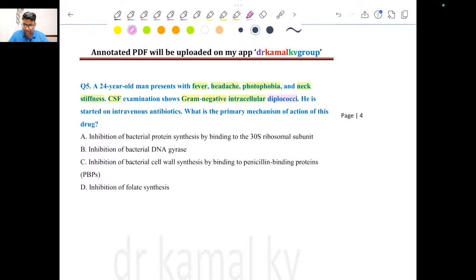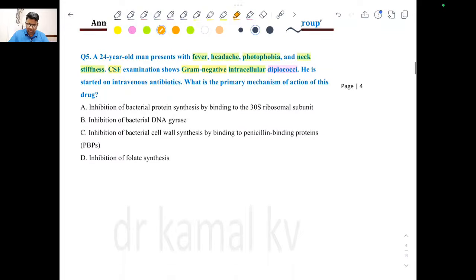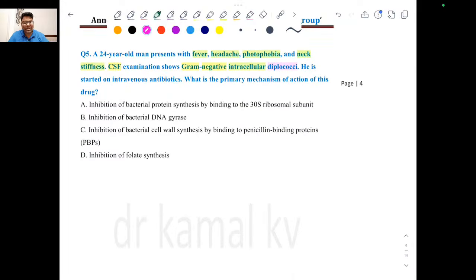What is going to be the primary mechanism of that drug? So here, firstly, we need to understand which clinical condition is being given and which bacteria is being discussed. Then we can think of a probable antibiotic which might have been started, and then we can answer what is going to be the mechanism of action of that antibiotic, right?